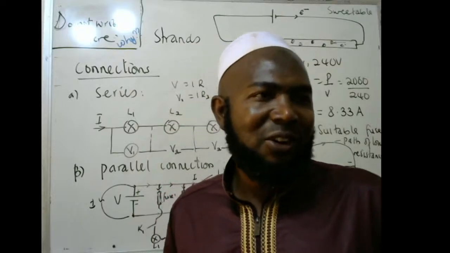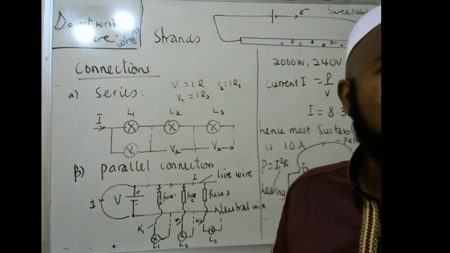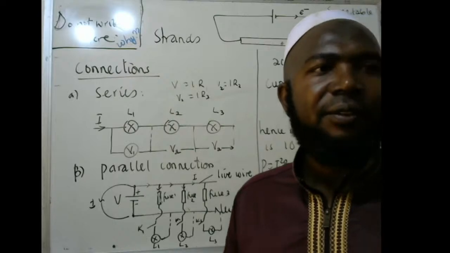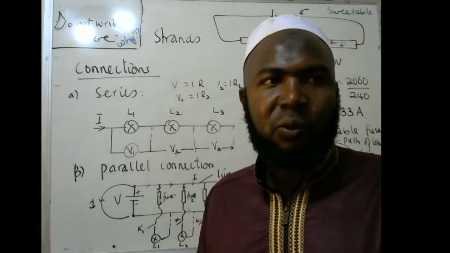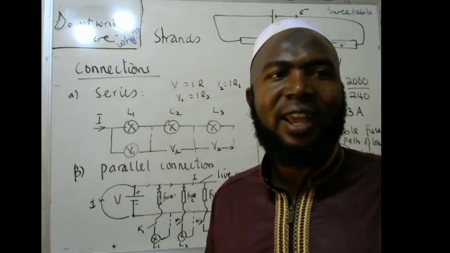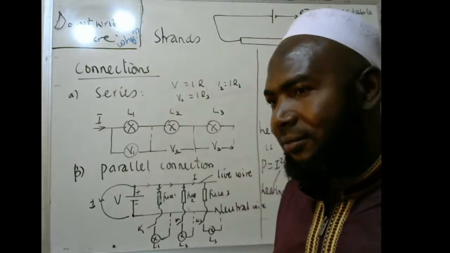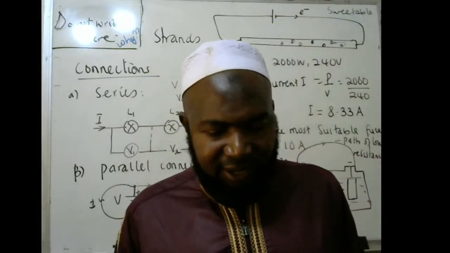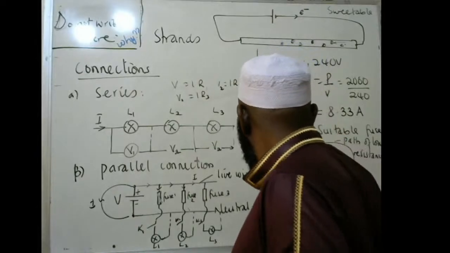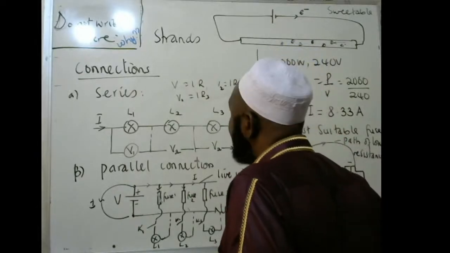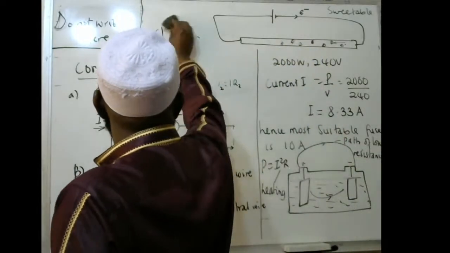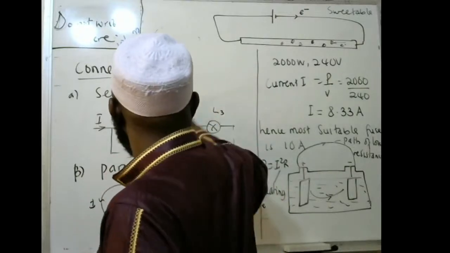So the first question, question 1a, is saying, explain why the fuse is always fitted to the live wire in any electrical appliance. What is the probable answer?